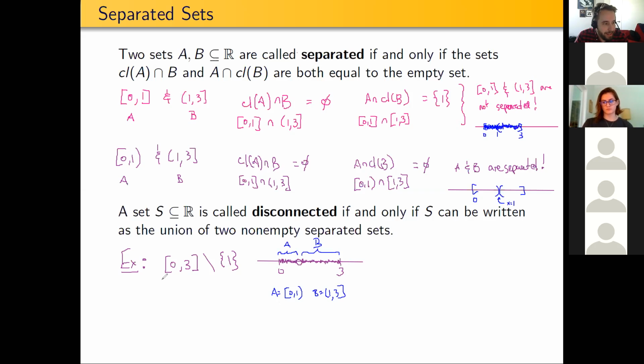We can notice that this entire set is equal to A union B, right? So this entire set is the union of two different non-empty and separated sets. These are non-empty because they each have elements in them, and they're separated from our work up here. So this example can be written as the union of two non-empty separated sets.